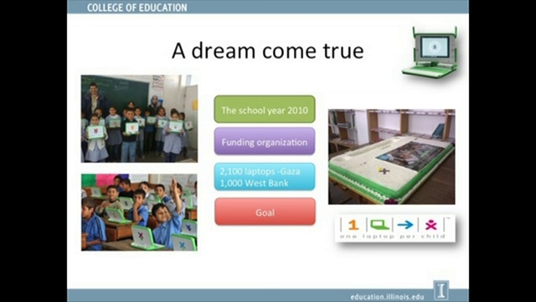And they distributed 1,000 XO laptops in the West Bank, also in rural areas, especially in the city of Ramallah and the city of Nablus. The goal was to target all of these disadvantaged students in Gaza and the West Bank. And actually it targets first grade and second grade basically.